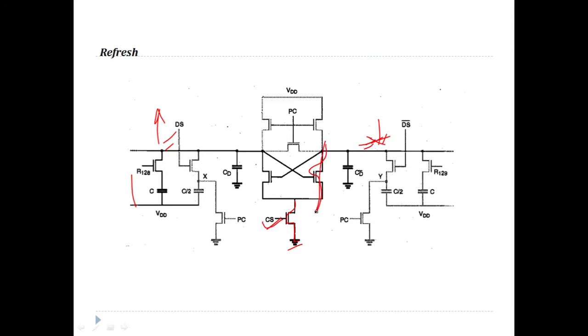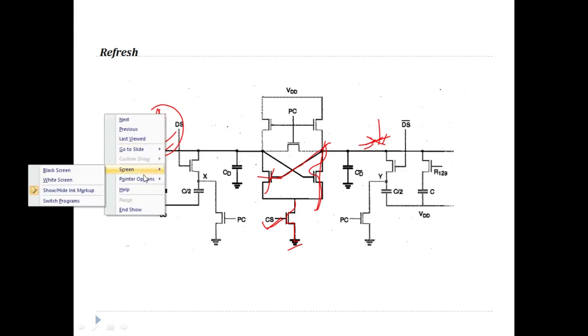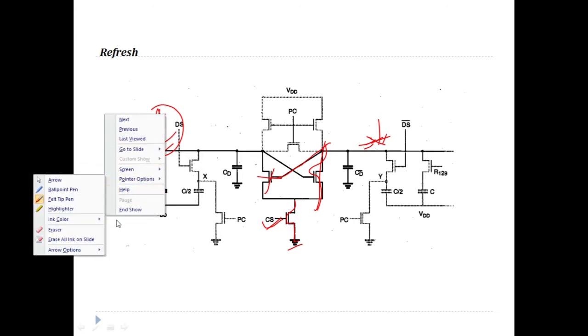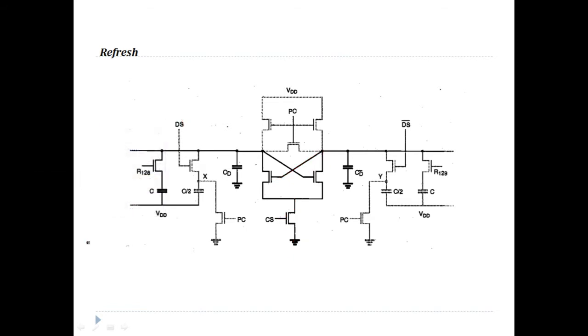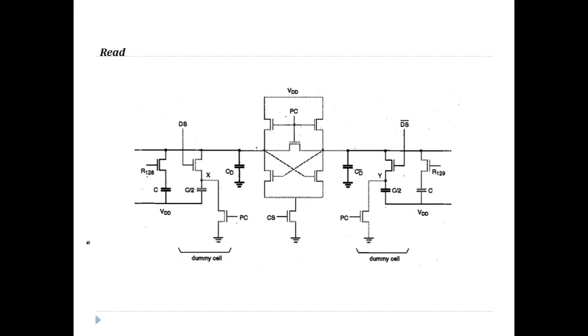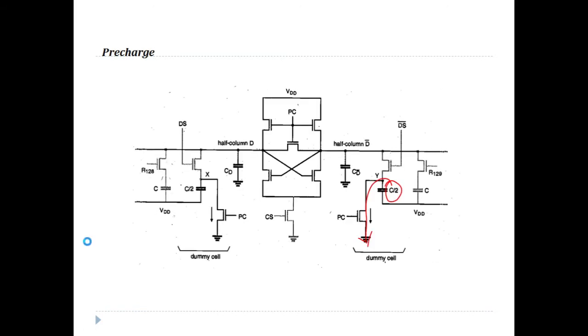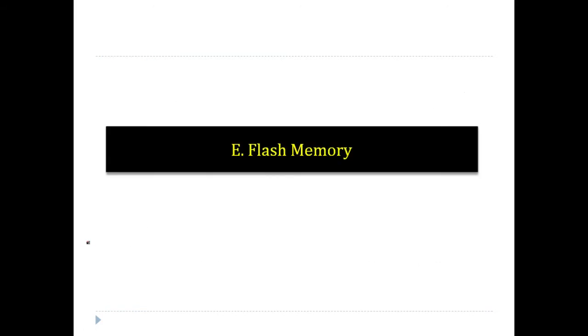This is pulled down to ground, and this is pulled down to ground. So this is off. So it retains the value one. So this is how read operation is carried out, and then the refresh operation is carried out. So this is about the refresh operation of one T DRAM cell.